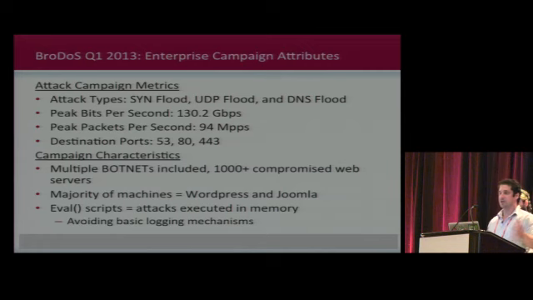The most popular forms of infections for these machines are utilizing WordPress and Joomla. Please patch your servers. Eval scripts, which is a method of running it, mean the attacks are executed in memory. Therefore, it makes it a lot harder to track with basic logging mechanisms.